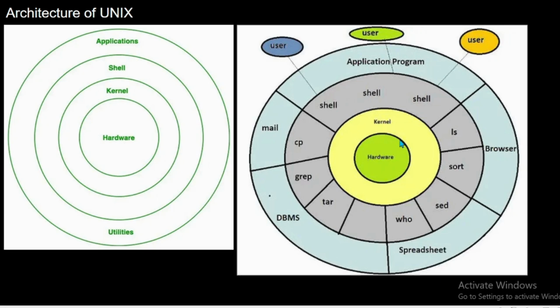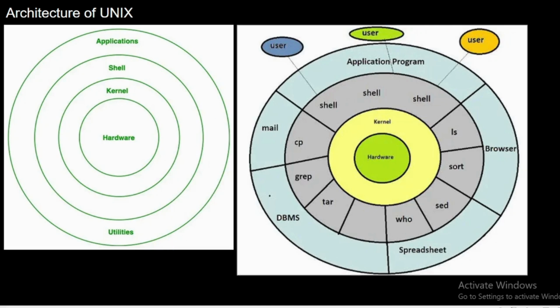After the kernel, the shell comes. The shell is the command interpreter between the user and the kernel. Next are the utilities and applications, wherein tools such as text editors, compilers, and file utilities are provided.